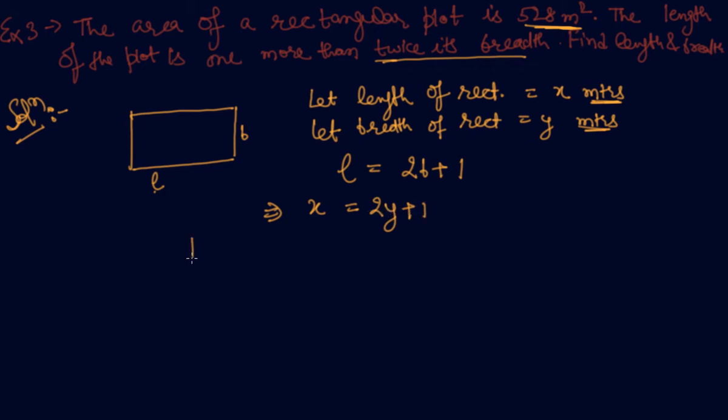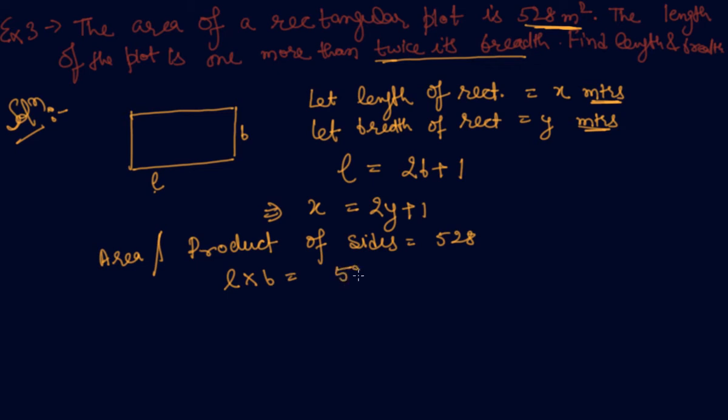And we are given that the product of sides, or area, which is L into B, is 528 meter square.